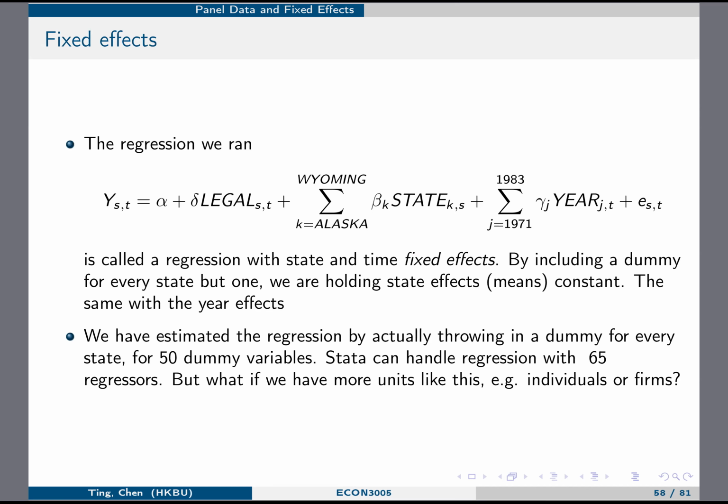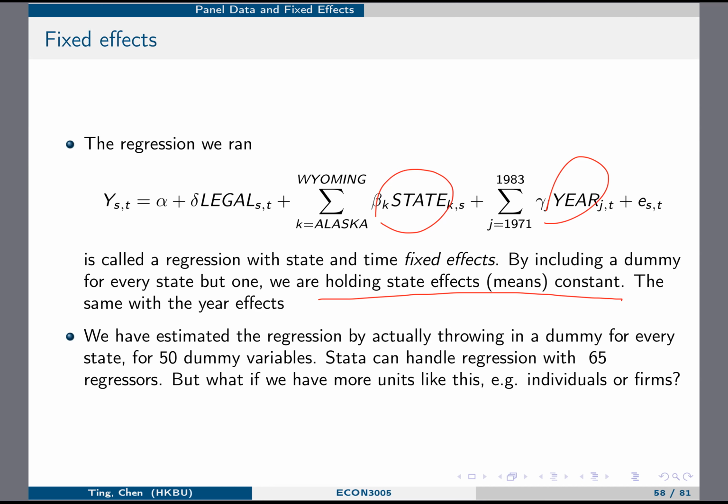Remember, each of these dummy variables, what we are trying to do by adding this dummy is to hold the mean of state or the mean of the year constant. So this dummy variable, as we said, actually contains the mean of the dependent variable and the regressor.